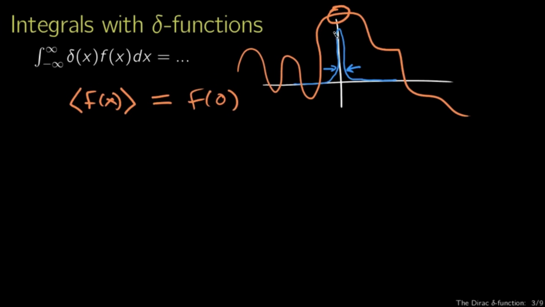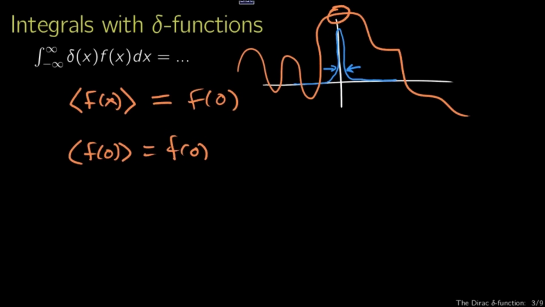And the expected value of a constant, like if I wrote this as the expected value of f of 0, it wouldn't matter what the distribution was, it would just give you f of 0. So this is the same sort of concept. The infinitely narrow distribution effectively just pulls out the value of f of x at that point.